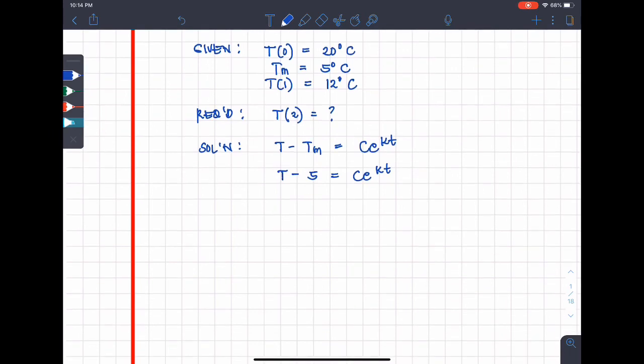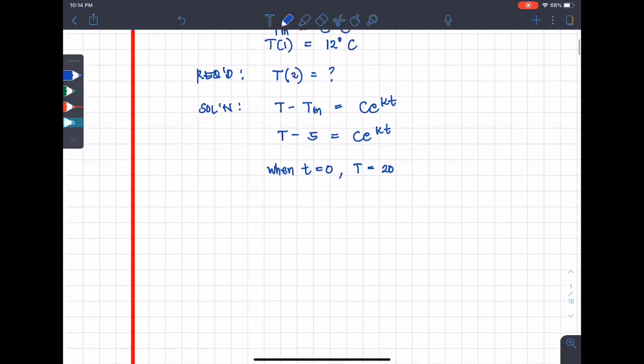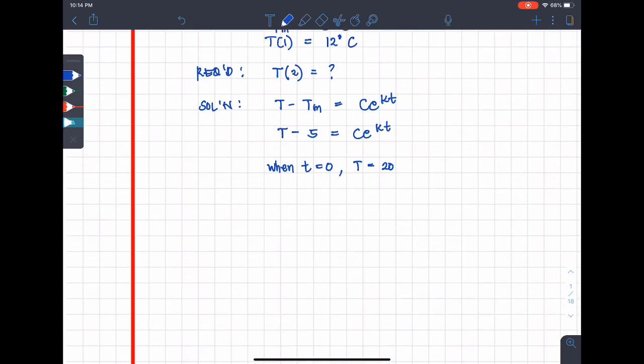So following our initial condition, when time is 0, that is the initial time, we are given that the temperature of the body is 20. So substitute that on our equation before, so that T is 20 minus 5 equals C e^(k·0), and this is equivalent to 1.